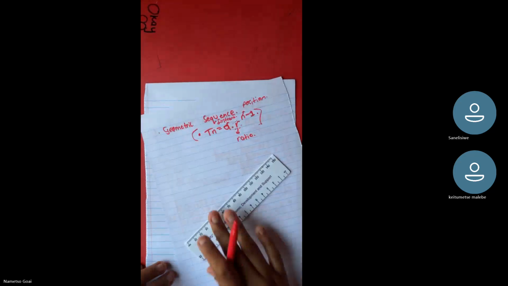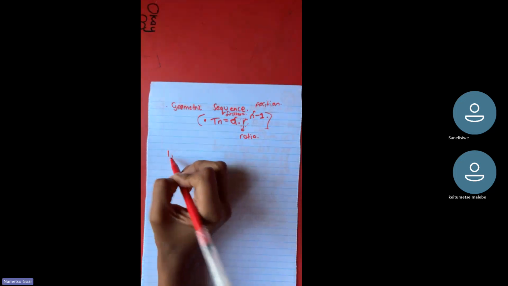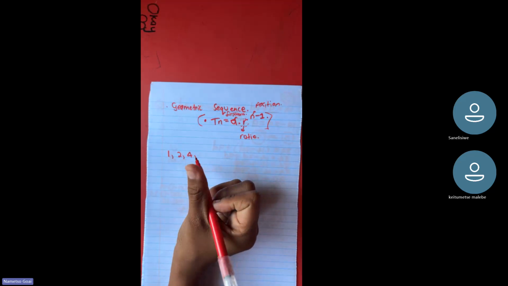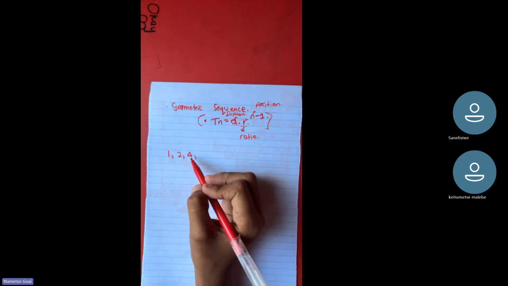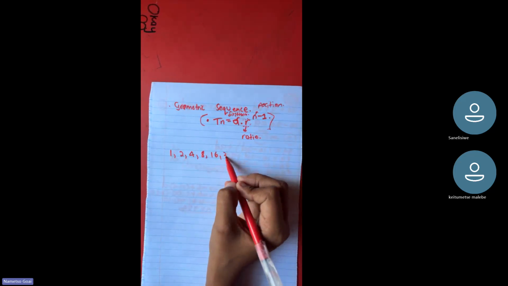So now let's say we have 1, 2, 4, 8, 16, 32.